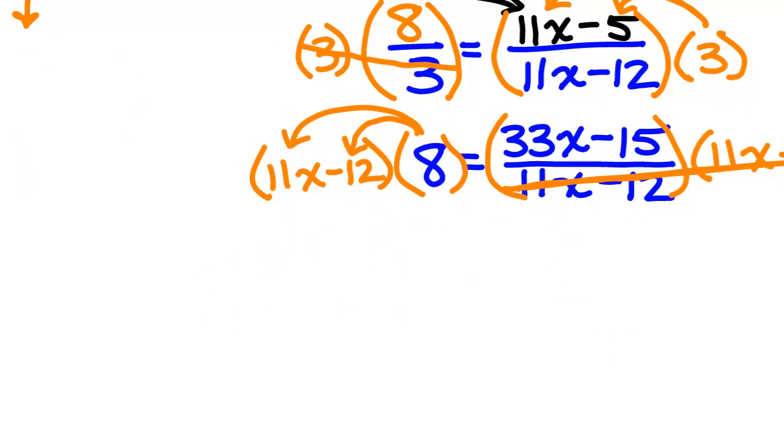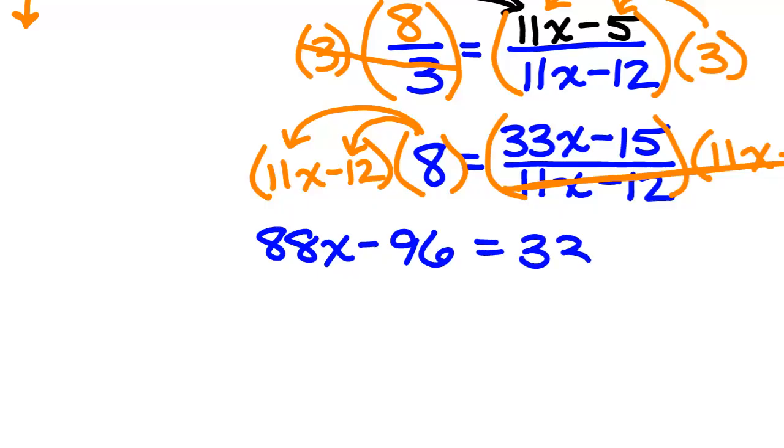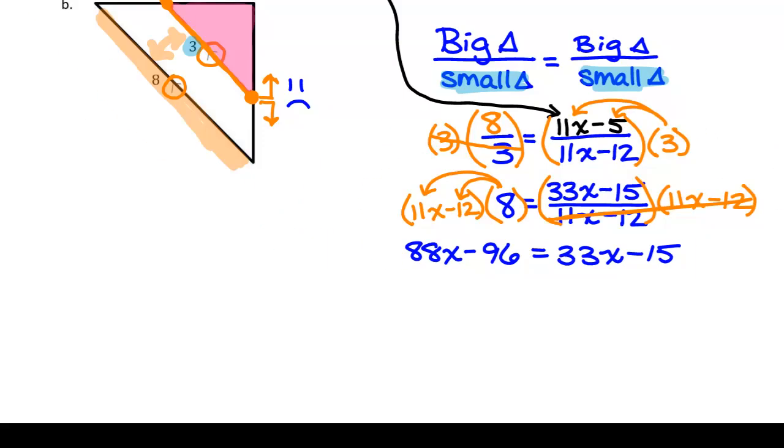So I have 8 times 11x. I know that's going to give me 88x. Minus, what is 8 times negative 12? Negative 96. So 88x minus 96 equals 33x minus 15.